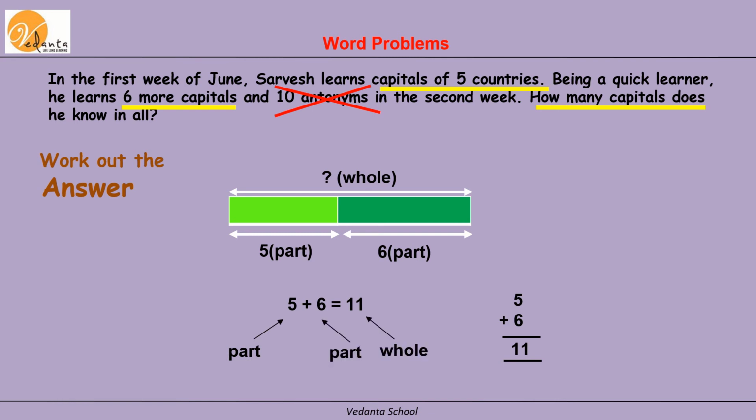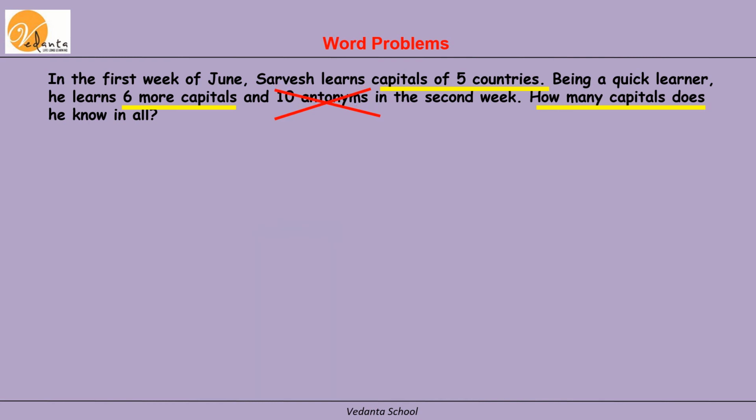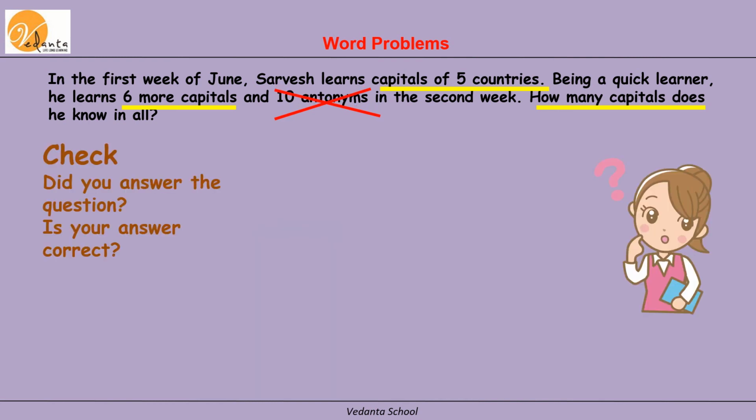To find the whole from two parts, remember kids, you have to do addition. So Sarvesh has learned 11 capitals in all. You got the answer. The last step is to check the answer.